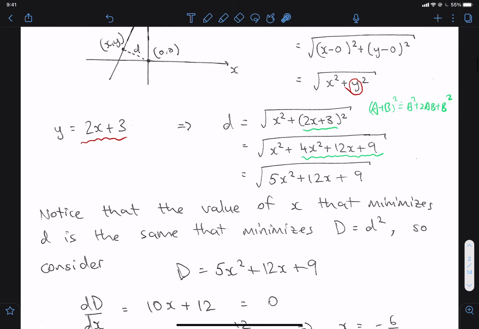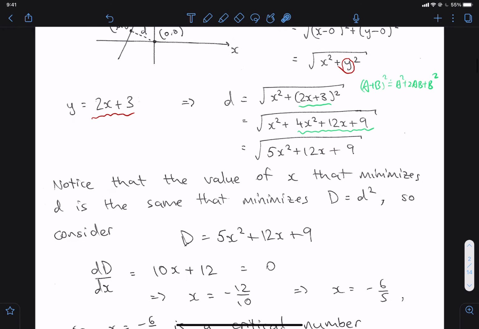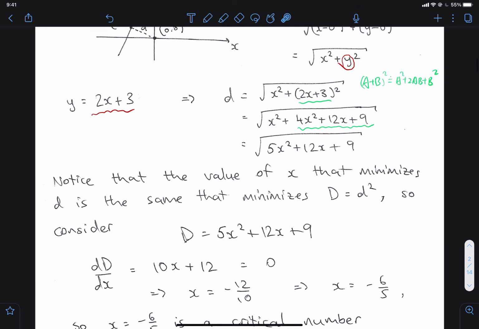So now I have my capital D, just the thing inside the square root, written like this, 5x squared plus 12x plus 9. And to minimize this, we need to find the absolute minimum of this function in its domain, right? So we're gonna take the derivative with respect to x.